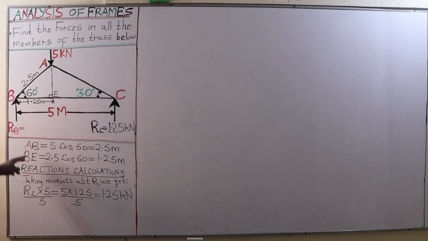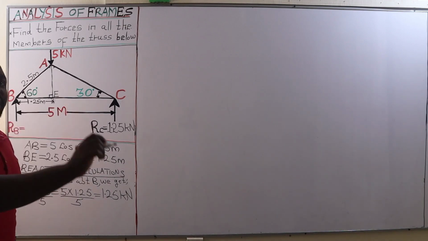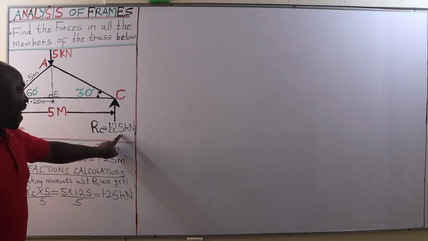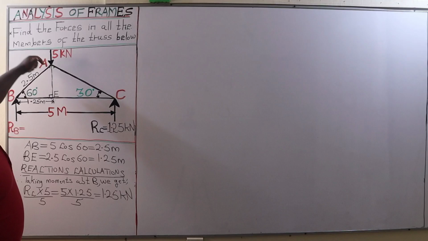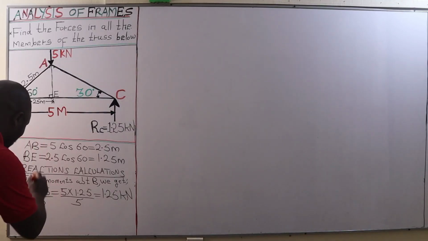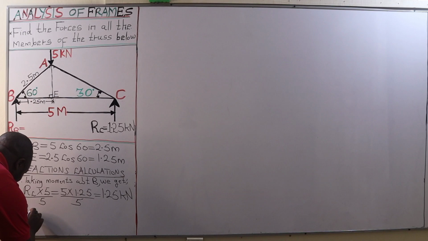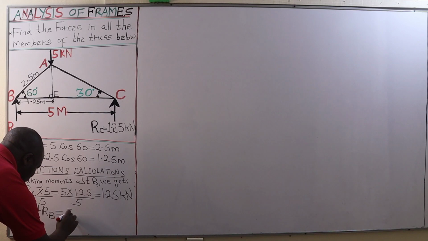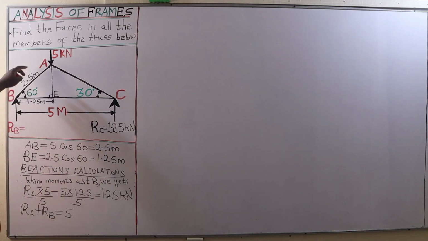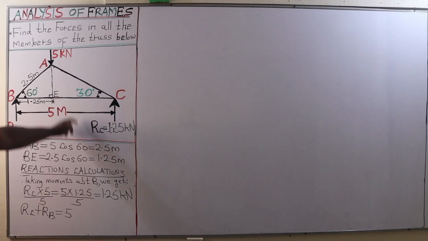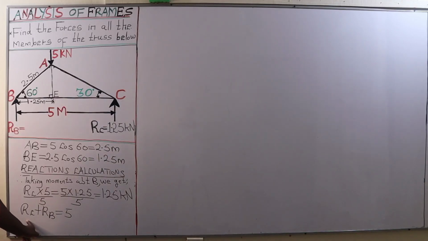Now, for us to get the reaction at B, we are going to apply Newton's third law of motion that states that for every action there must be an equal and opposite reaction, and therefore the sum of upward acting forces must be equal to the sum of downward acting forces. Therefore, we are going to have RC plus RB being equal to downward acting forces, and in this case the downward acting force is 5 kilonewtons. We got the value of reaction at C, which is 1.25 kilonewtons.